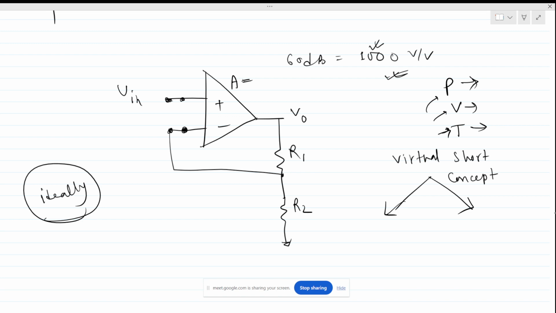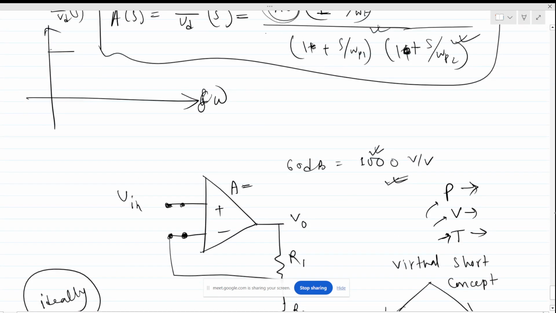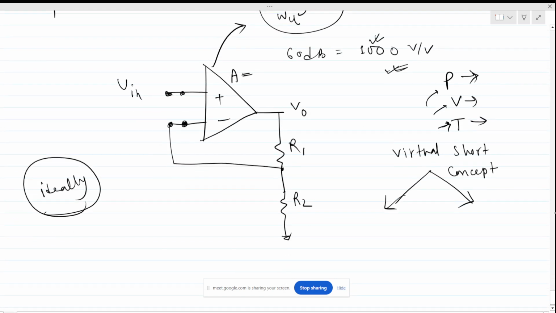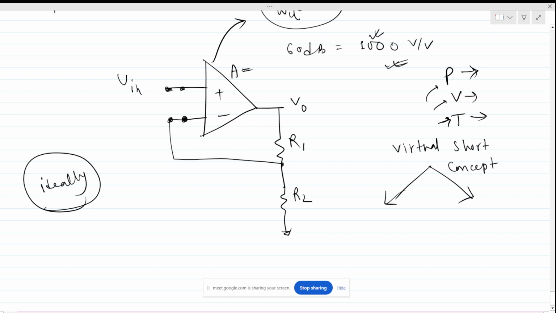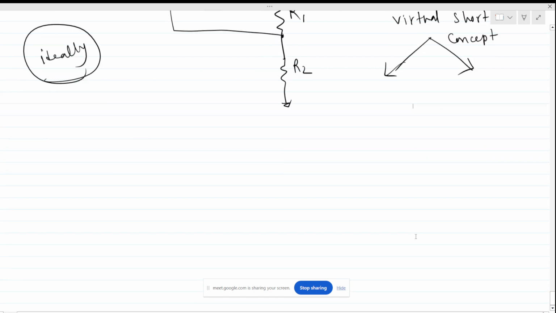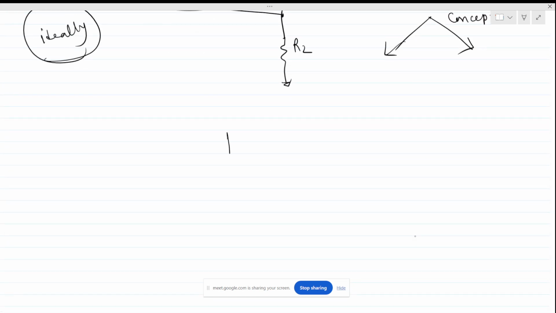Actually this op amp is nothing but an integrator, having a unity gain frequency of omega u. So the model can be like this.